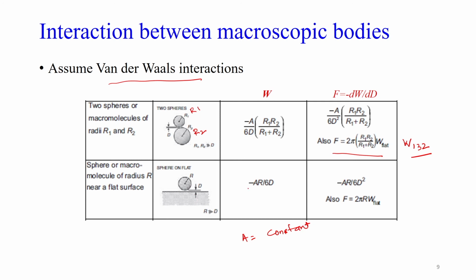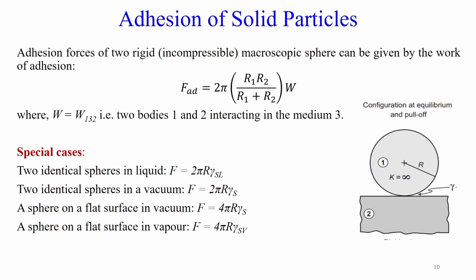So, energy will be minus A r upon 6d, and similarly the force will be minus A r upon 6d square, and force can also be calculated if the work of adhesion is known. So, 2 pi r into W, W is the work of adhesion here.